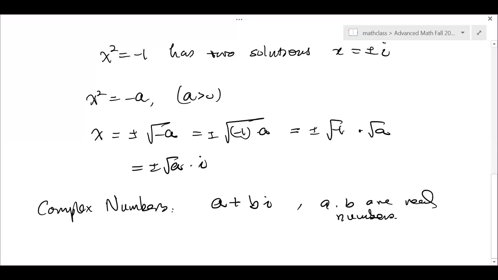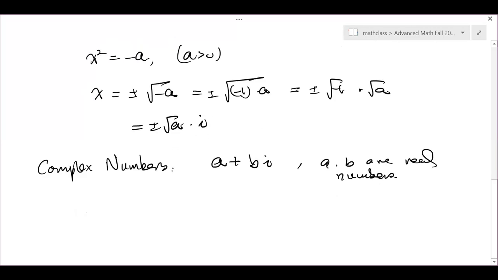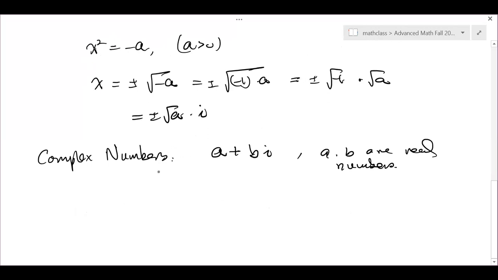And complex numbers are just like real numbers: you can do addition, multiplication, and subtraction. I'm not going to spend too much time on complex numbers, but the product of two complex numbers is still in the same form.